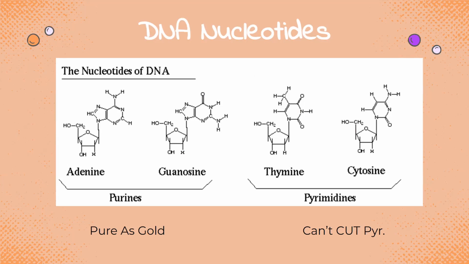It's not a double cyclic part. And then CUT: uracil is also included, but that's for RNA. And thymine and cytosine are the pyrimidines in this case. There's no double cyclic structure, so you can't cut them. Charlotte.